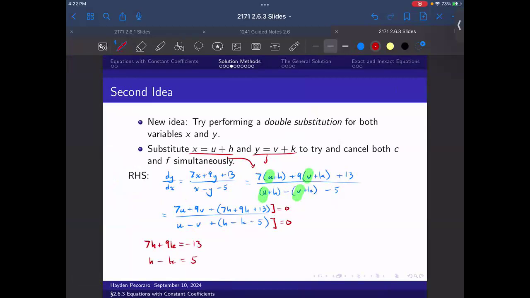And those of you who remember your algebra, or maybe your linear algebra, know that you can write this as a matrix equation. 1 minus 1, (h, k) equals (minus 13, 5). And then I'll just go ahead and invert that and get us our solutions.